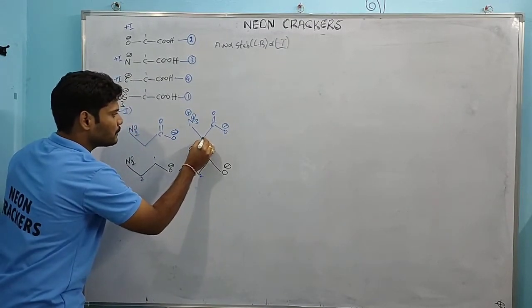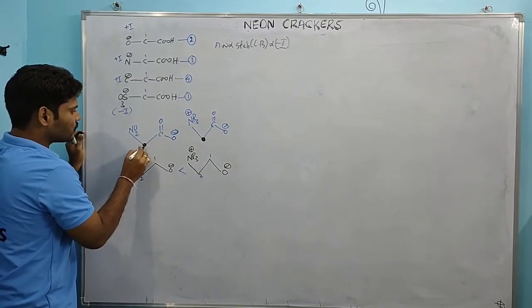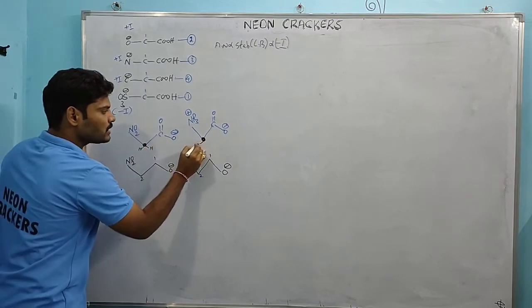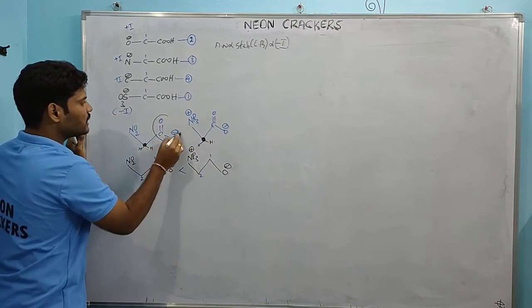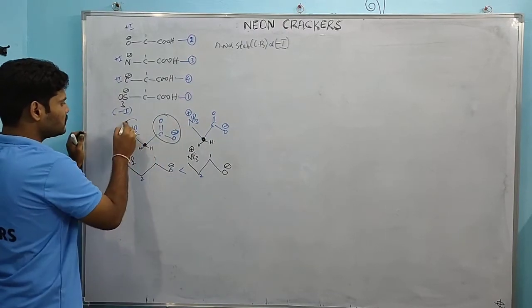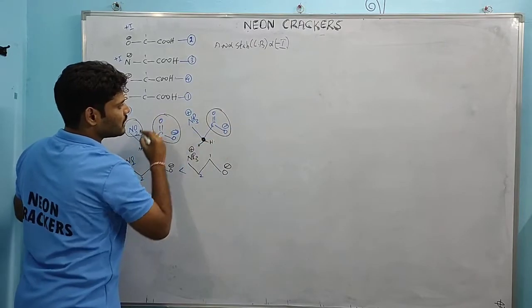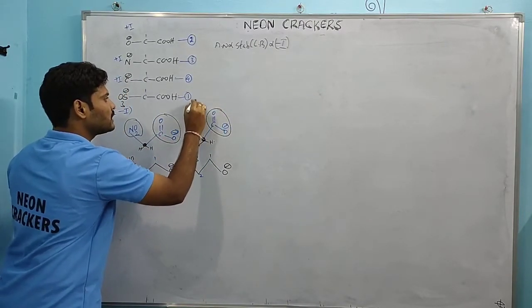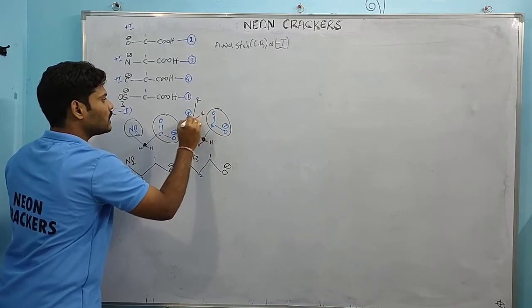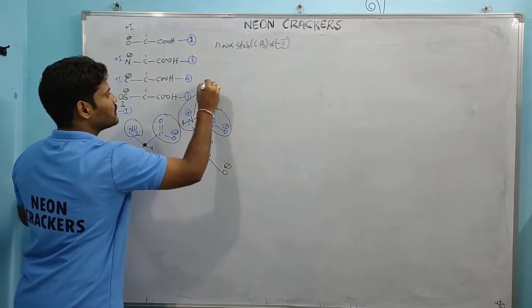Your first carbon is connected with two hydrogens, and here also it is connected with two hydrogens. It is an sp3 atom. COO minus is bulkier, okay; this is NO2, and COO minus is bulkier. Now here NR3 is also bulkier. What will happen?